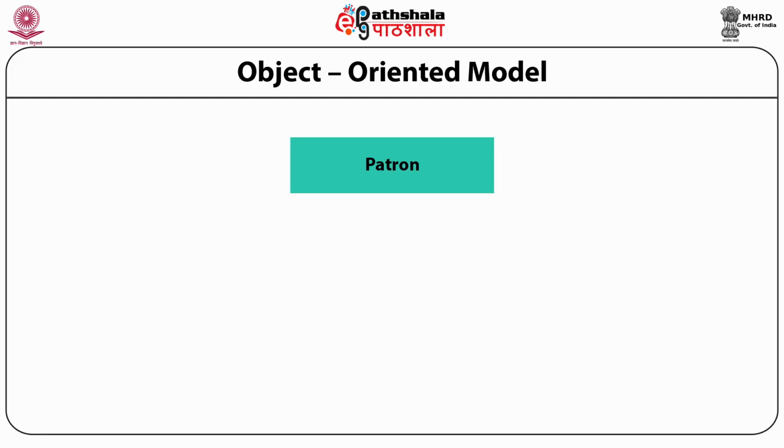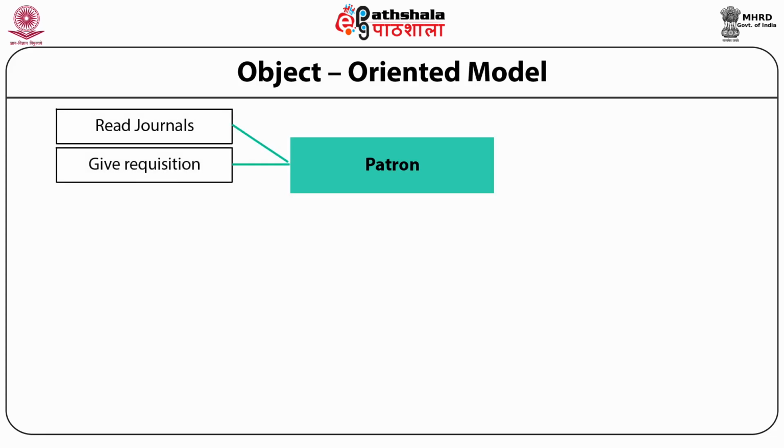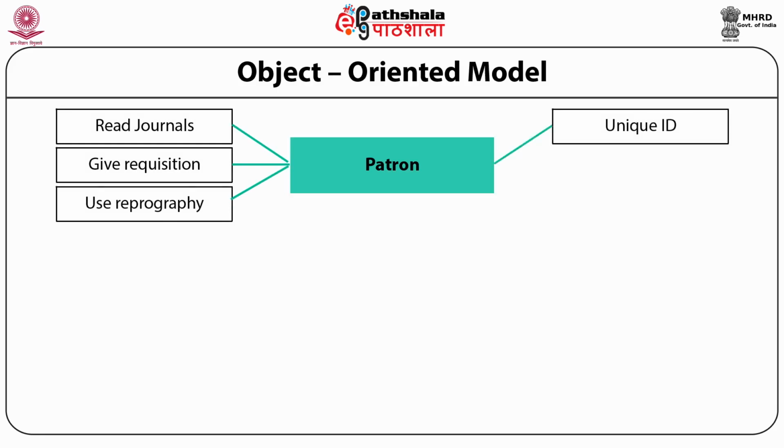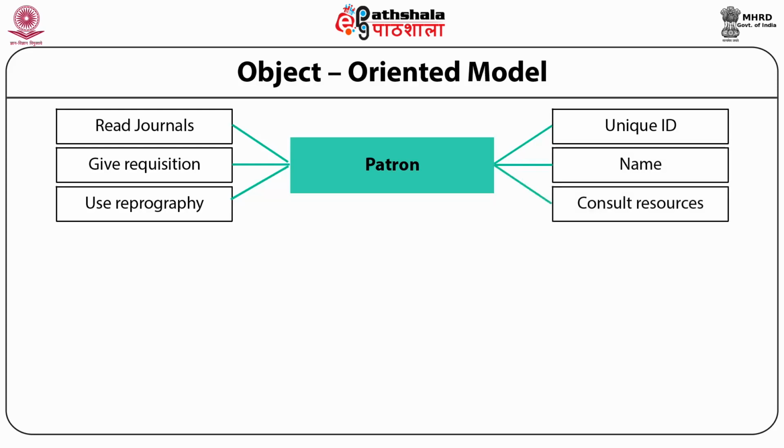Besides these patrons, we have certain attributes associated with this block. That means a patron can read journals, a patron can give requisitions, a patron can use reprography, a patron will have a unique ID, a patron will have a name, a patron can consult resources in the library.